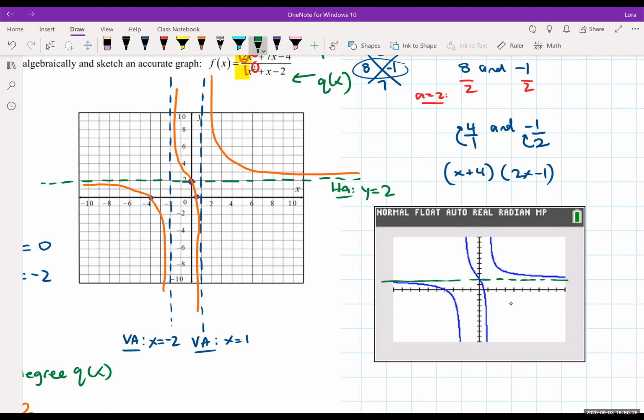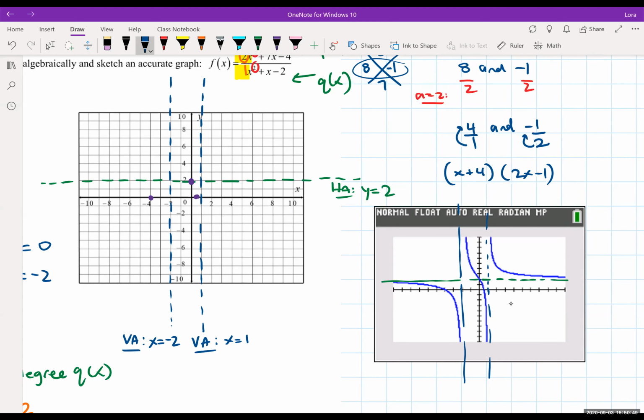So I could see what's happening. Also, if I'm looking at my vertical asymptotes, they were at x equals 1 and x equals -2. So you can see what's going on with the blue curve. I know you probably saw it, or you're like, no need to, but it helps.